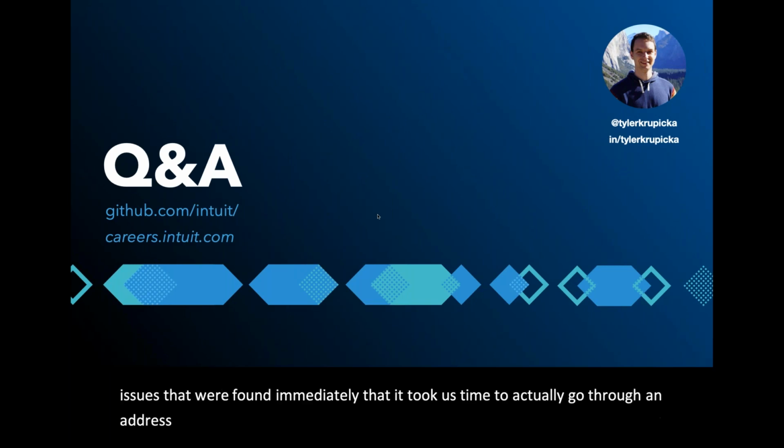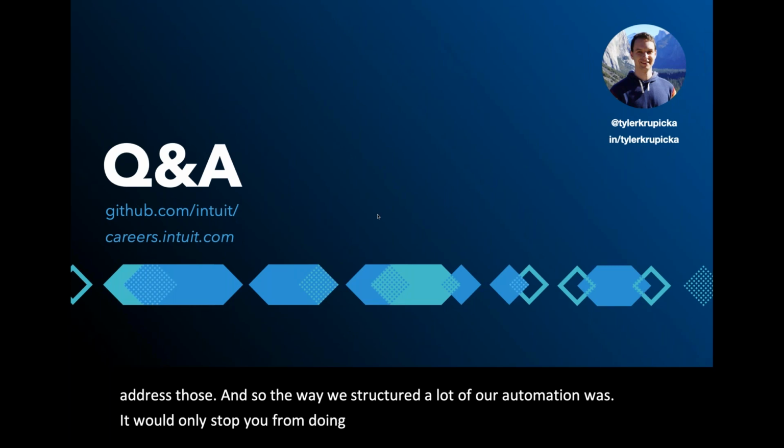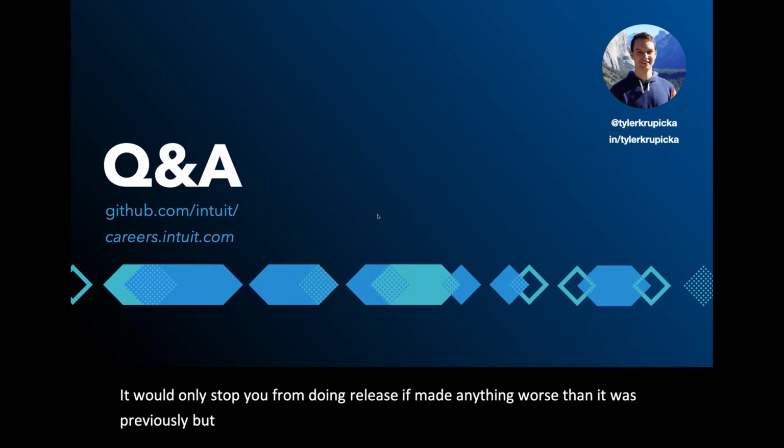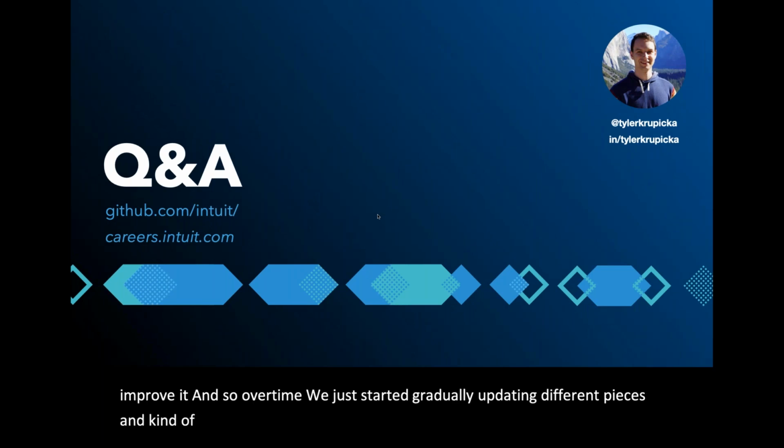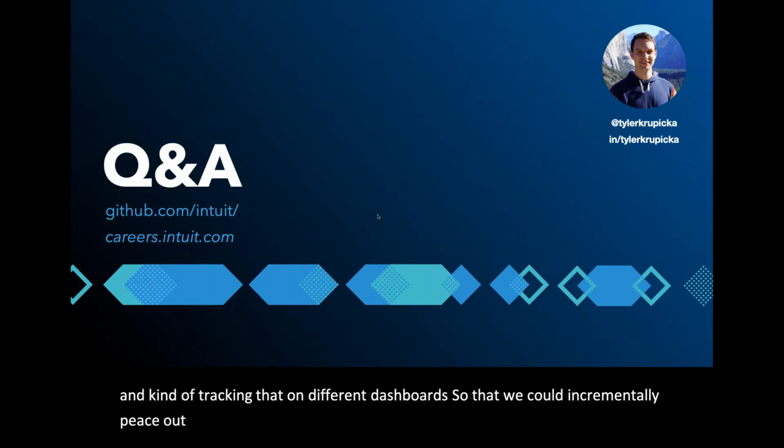The way we structured a lot of our automation was it would only stop you from doing a release if you made anything worse than it was previously. But it would still allow you to keep things the same or improve it. Over time, we started gradually updating different pieces and tracking that on different dashboards so that we could incrementally fix different issues that we had.